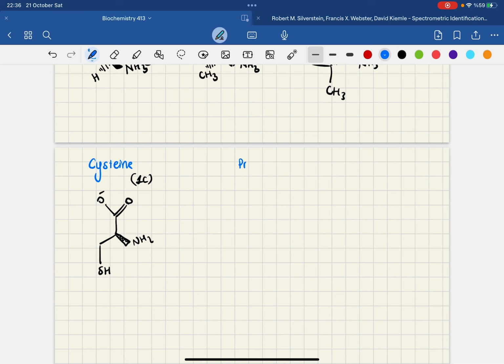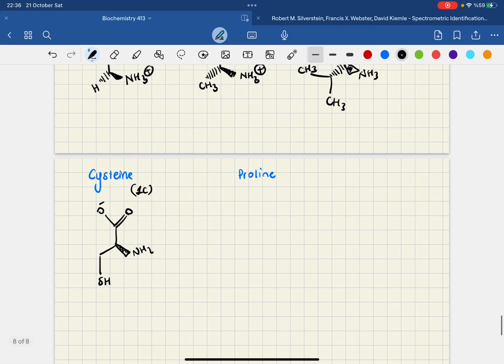Proline is a very stiff amino acid. You might remember it like praline, which means chocolate, and then chocolate is very stiff. Why? Because we have this cyclic structure with a nitrogen, and I'll just write its cyclic structure over here.